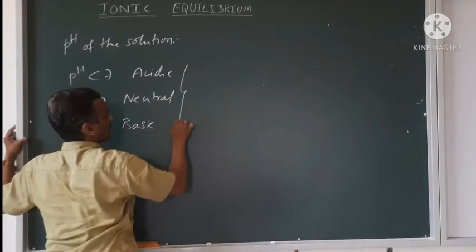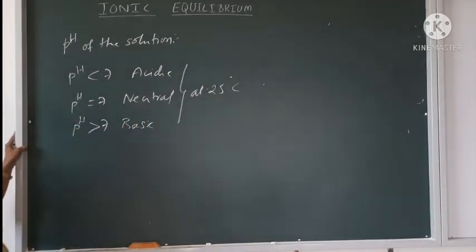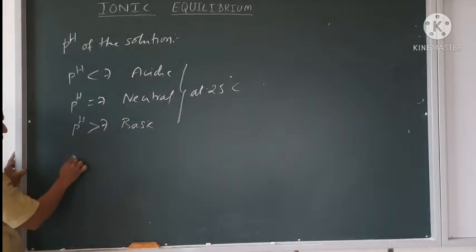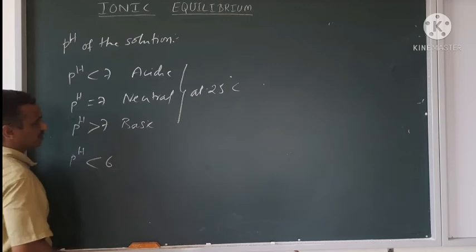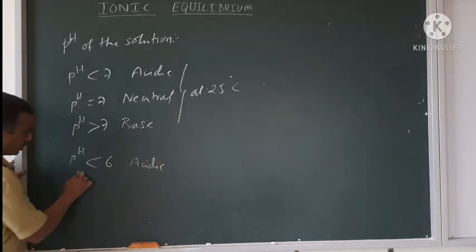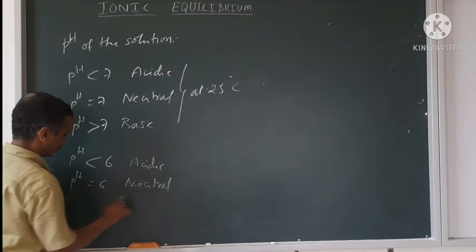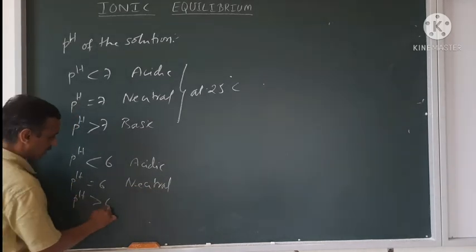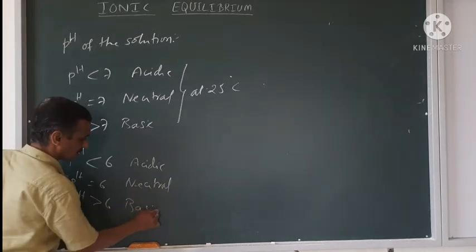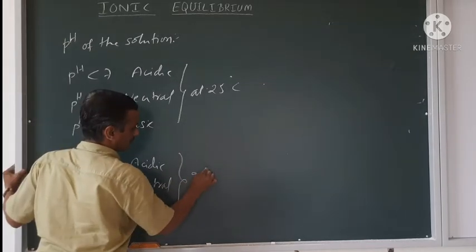But this is at 25 degrees Celsius. Whereas pH less than 6, acidic. pH equal to 6, neutral. pH greater than 6, basic at 90 degrees Celsius.